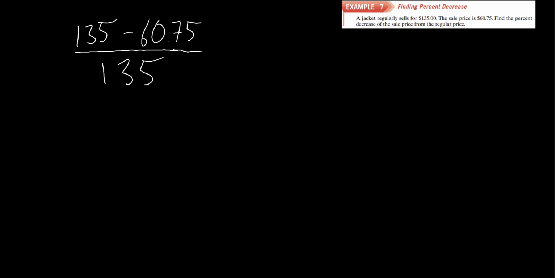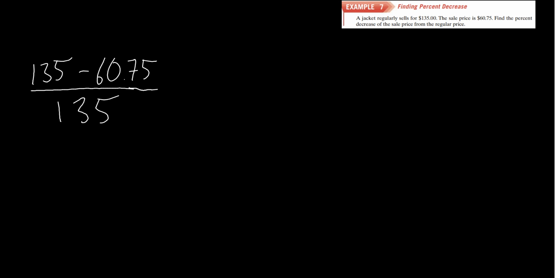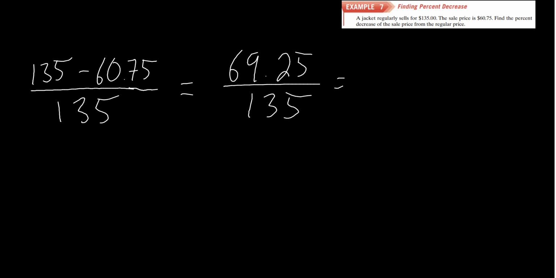So let's move this stuff around. My numerator is going to end up being 69.25 all over 135. And that is going to be 51.29.